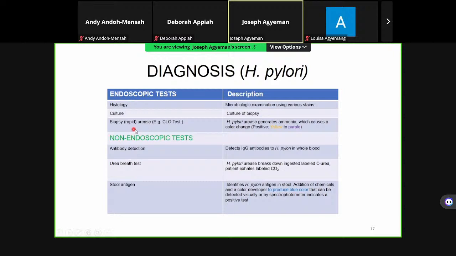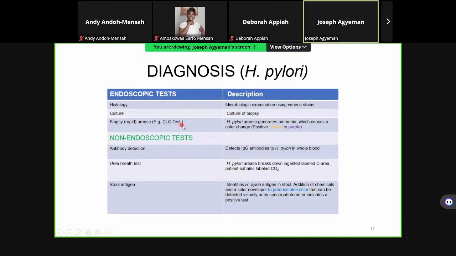Then the biopsy that you stain: the whole principle is based on the urease enzyme. So we have this test called the Campylobacter-like test. H. pylori was previously called Campylobacter pylori.